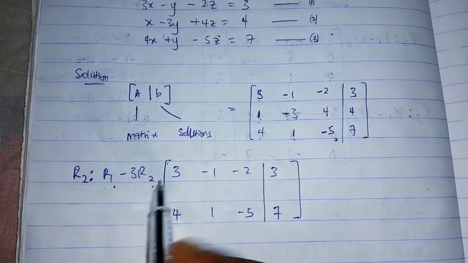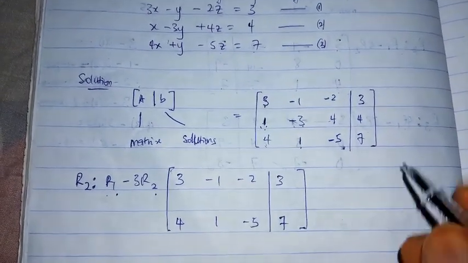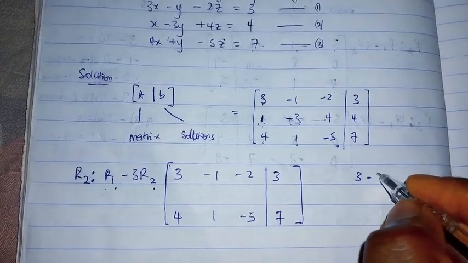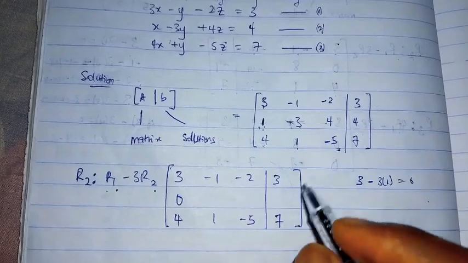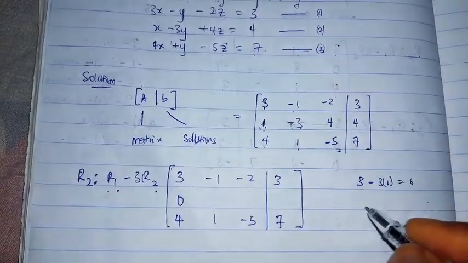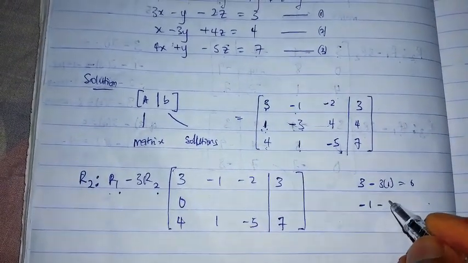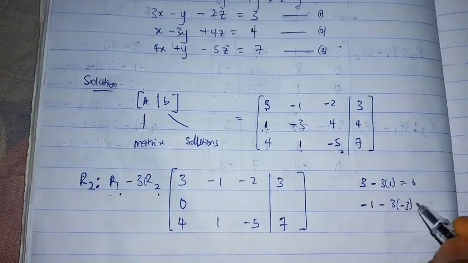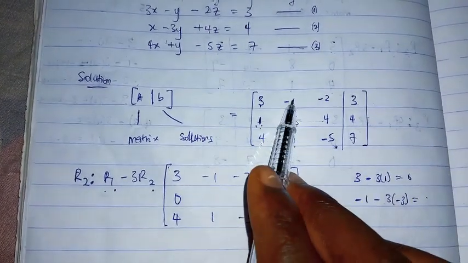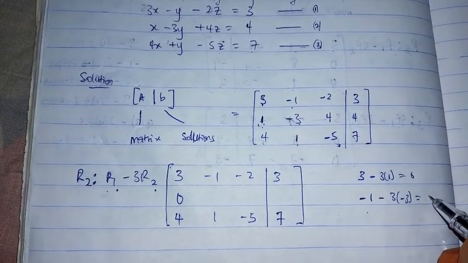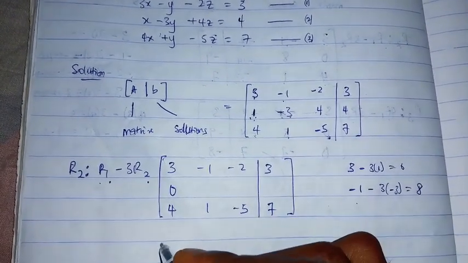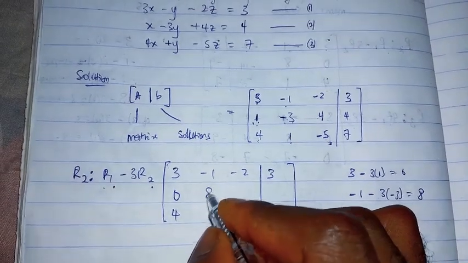So, row 1 minus 3 row 2 means 3 minus 3 times 1. Let me just write that here. 3 minus 3 times 1, that's 0. Then I have minus 1 minus 3 times minus 3, because that's this minus 3 times this. So that's minus 1 plus 9, and that's 8.